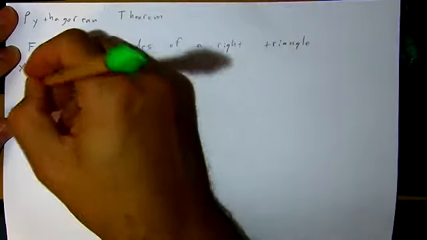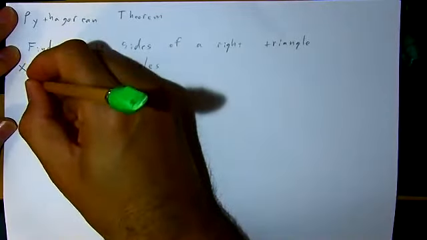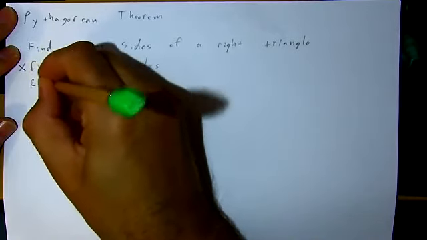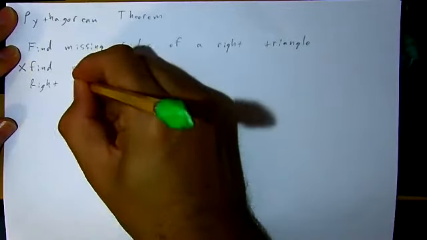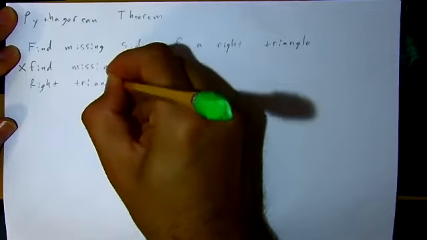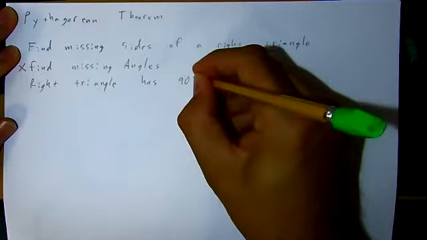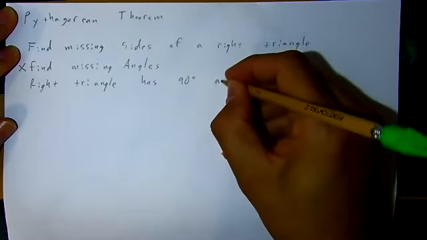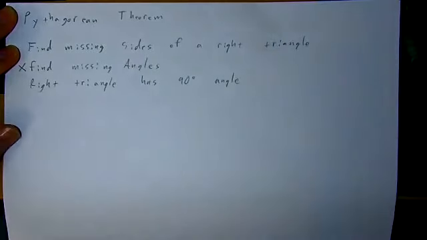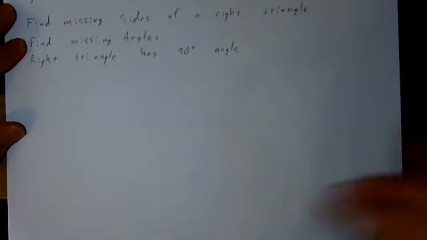So, what is a right triangle? If you remember, a right triangle has a 90-degree angle. So it looks like this.